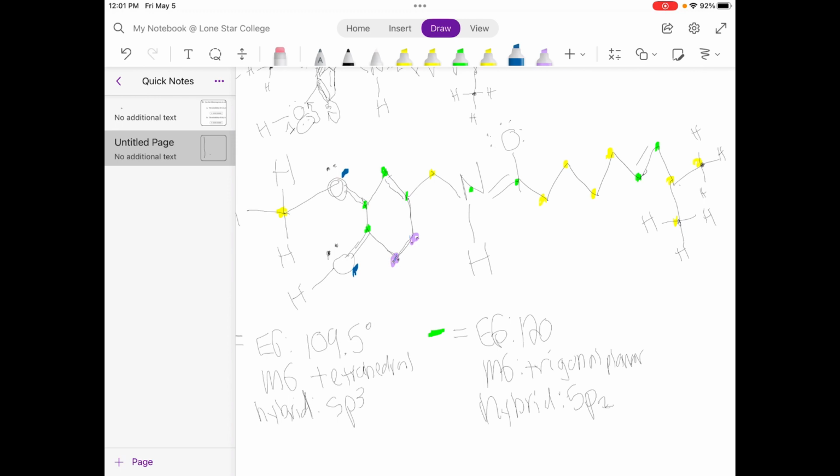So that is, oh, that's not even on the VSEPR table. Confused. Oh wait, okay. So this is not on the VSEPR table. Let me look this up real quick.